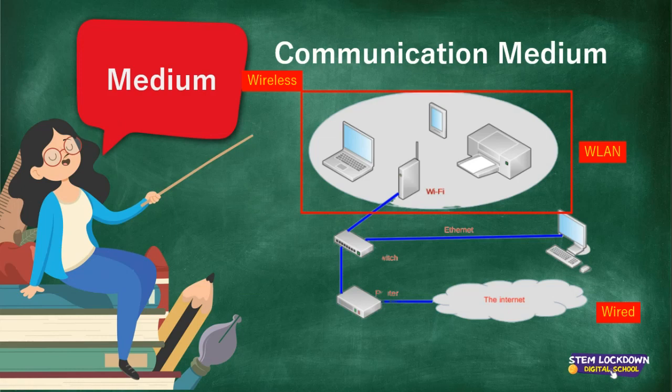So regardless of whether the network is wired or is wireless, you still need to have a switch, right? You need a switch in that network. So remember we spoke about a switch in the previous lesson, that it connects devices together.